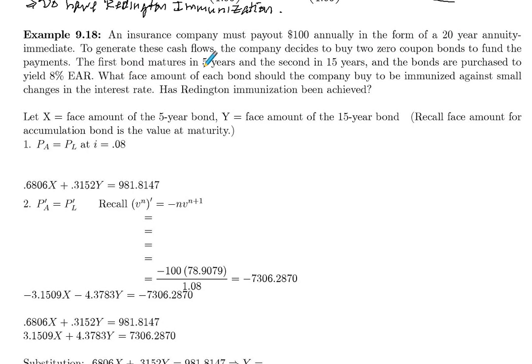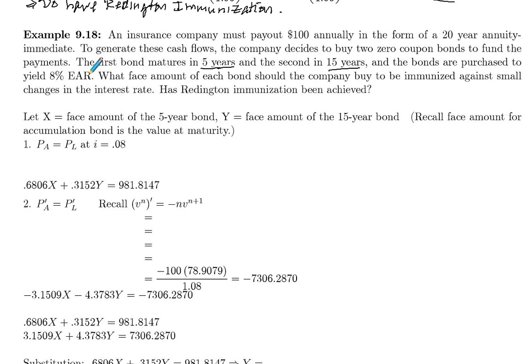So the first bond matures in 5 years and the second in 15 years.